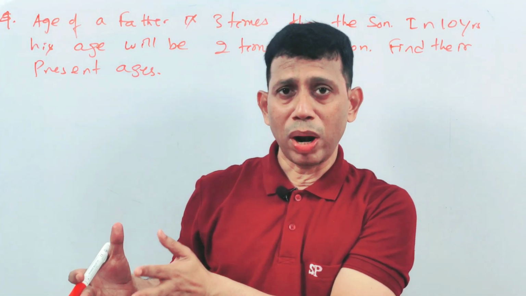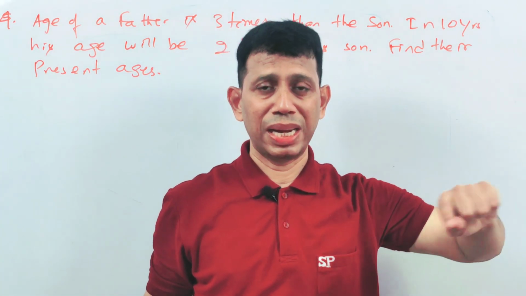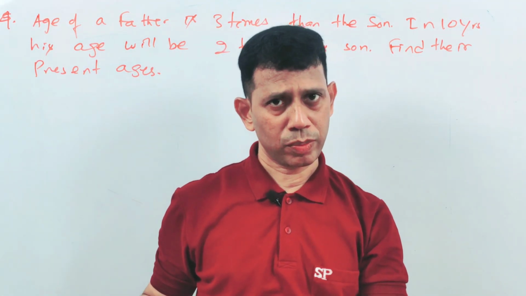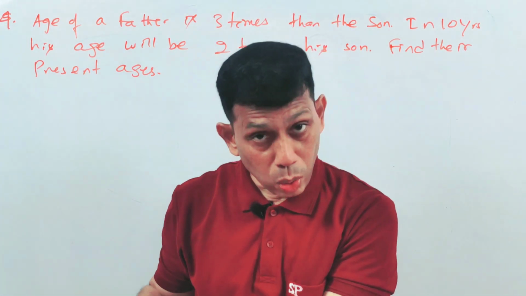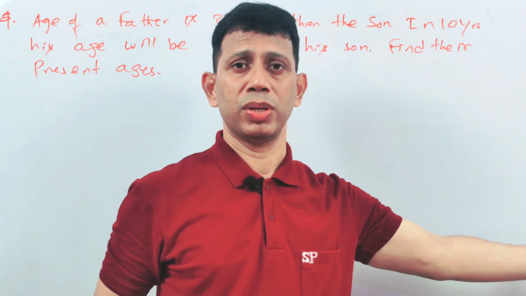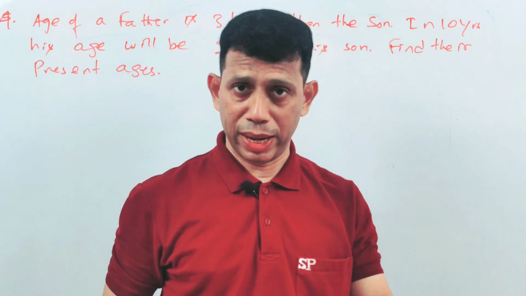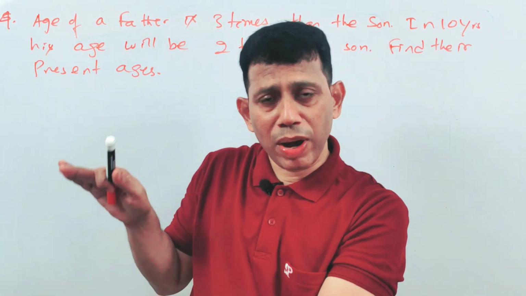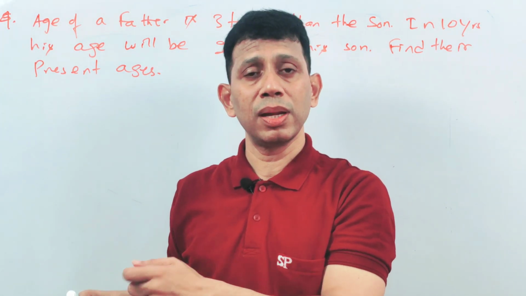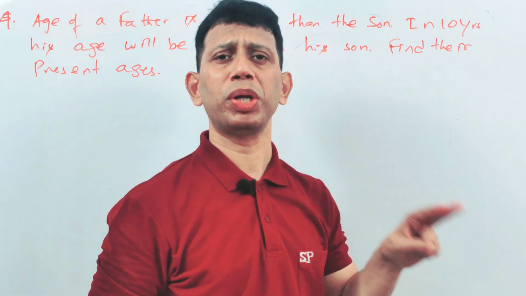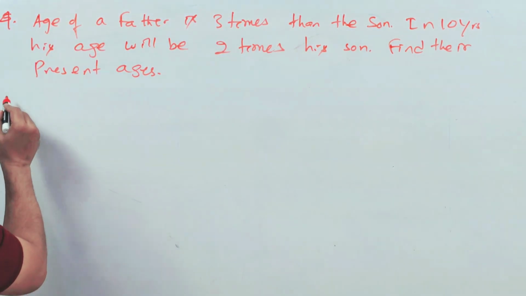After 10 years, you add 10 to the father's age, and then whatever the age of the son now, after 10 years it will be plus 10 again. And now what is the comparison between father and son? Now father is 3 times older than the son, and after 10 years the father will be 2 times older than the son. So now let us do that.